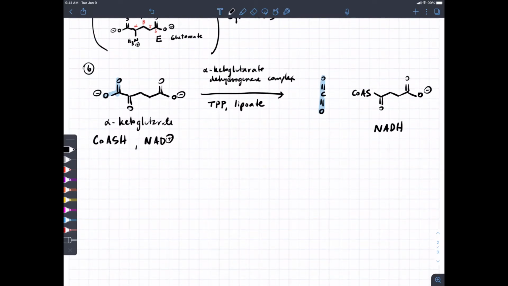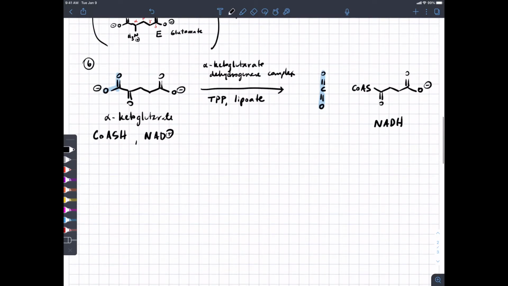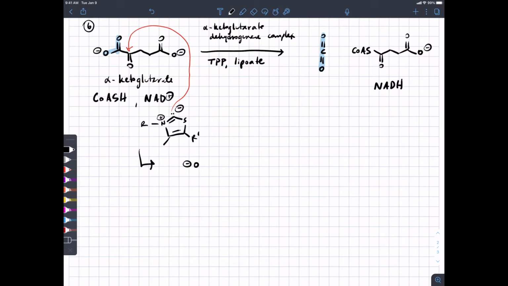So you can go back and see that mechanism, but basically I'll get you going on a first couple of steps. Remember that TPP ylide looks like this. It's a nucleophile where the nucleophile attacks the carbonyl carbon of the ketone, and you get an intermediate that looks like this.